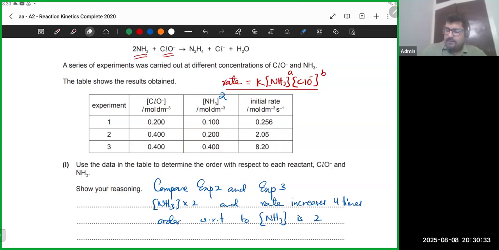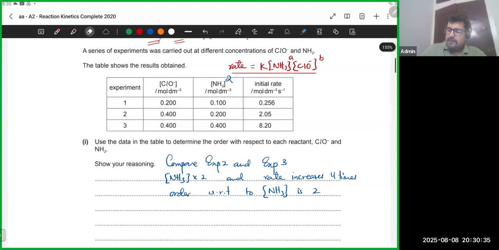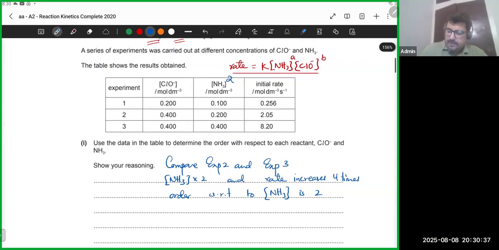So what you can do is solve some math. You have this rate equation over here. If you look at the rate equation, rate is ammonia's concentration, and that's order 2. We've figured that one out.